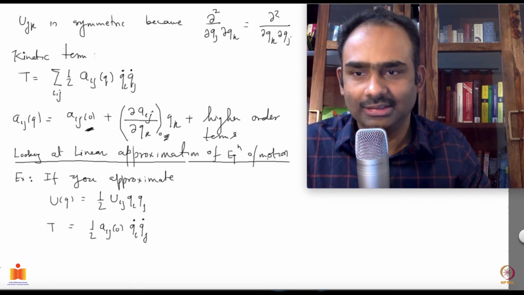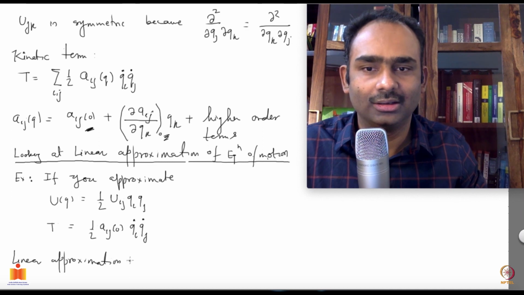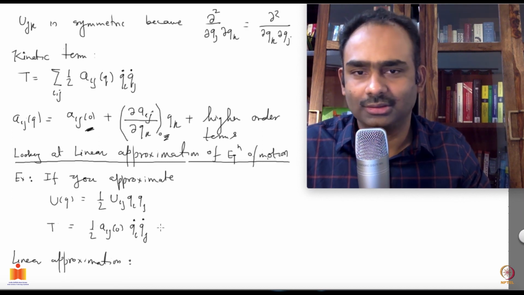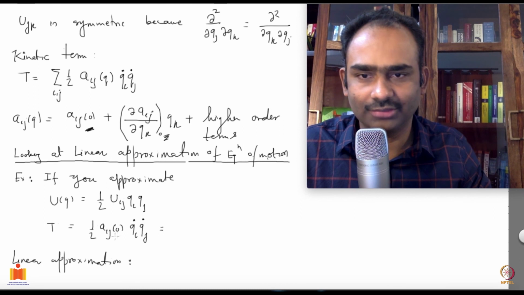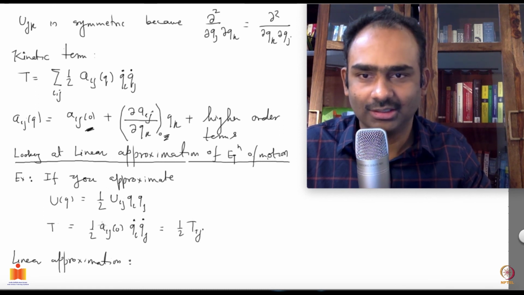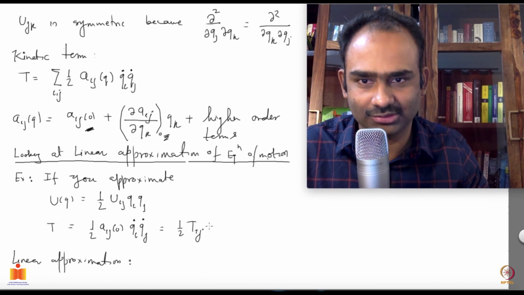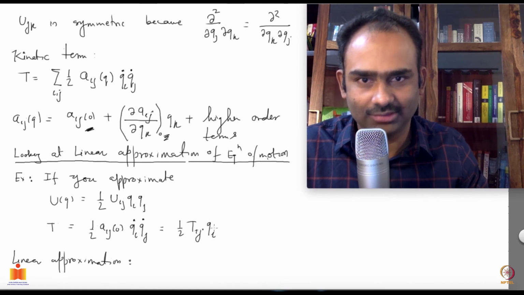So under linear approximation, instead of A_ij I will write T_ij. This matrix made by these elements A_ij(0), these numbers, I will just denote by T_ij so that it sounds like a kinetic energy matrix.